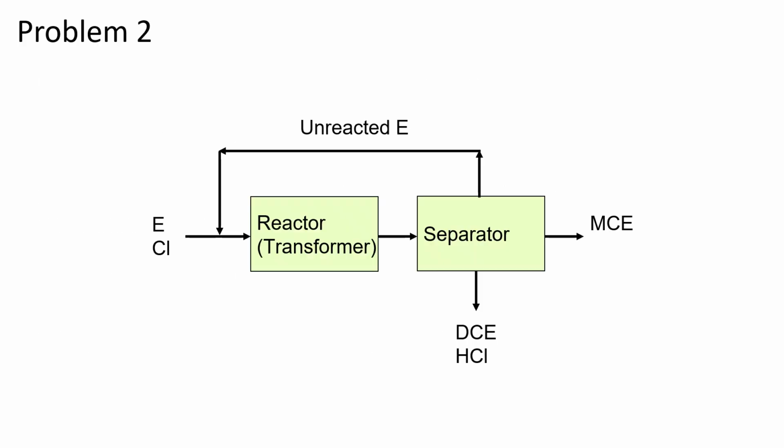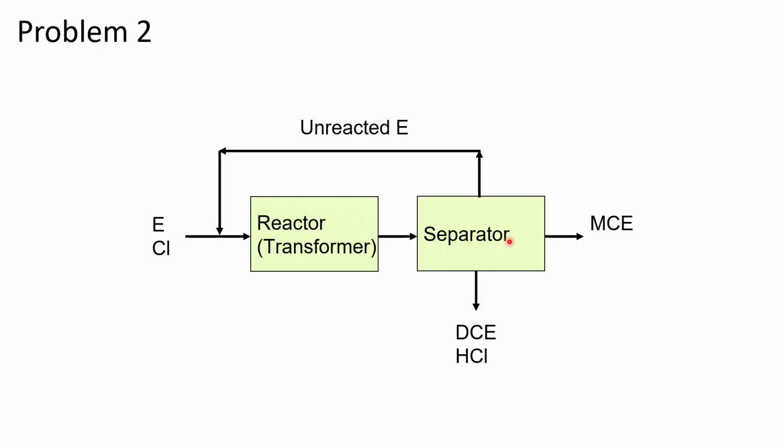When we have a process like this, in which we have one reactant in a great deal of excess, we don't want to waste that. So what we're going to do is make use of the process flow diagram we've talked about from the very first day of class, in which we have a reactor that does a transformation to produce a desired product.